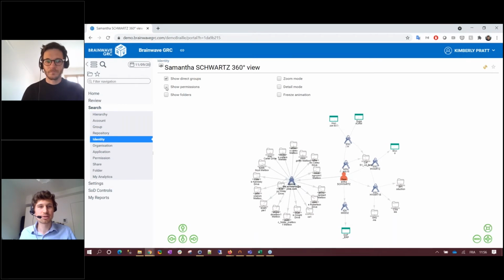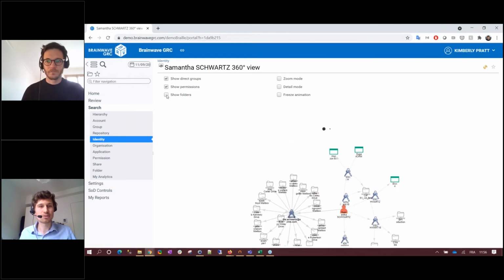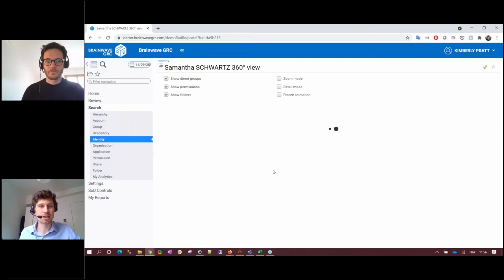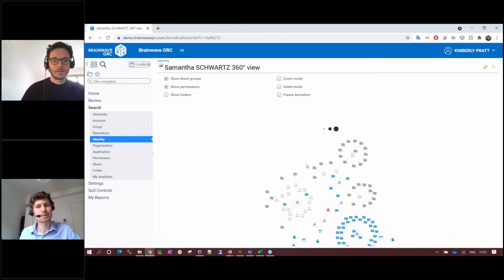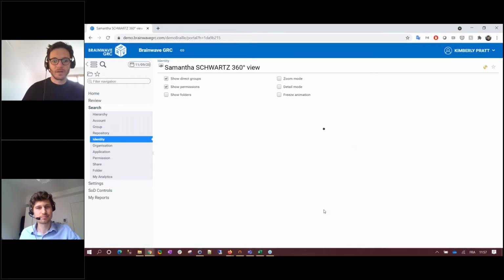You can show folders, because identity analytics tools deal with any kind of data, so you can ingest shared folders for that. So you have the exhaustivity of all the accesses this identity has, compared to what you could get on the IAM system.